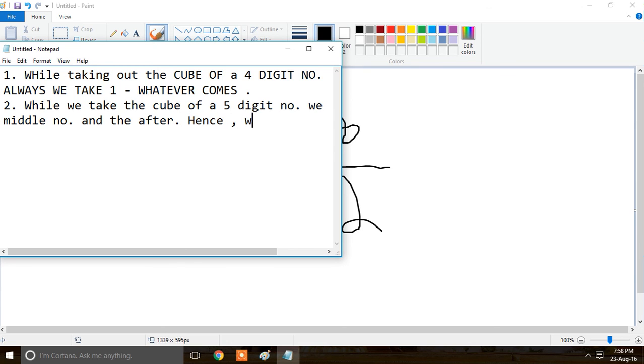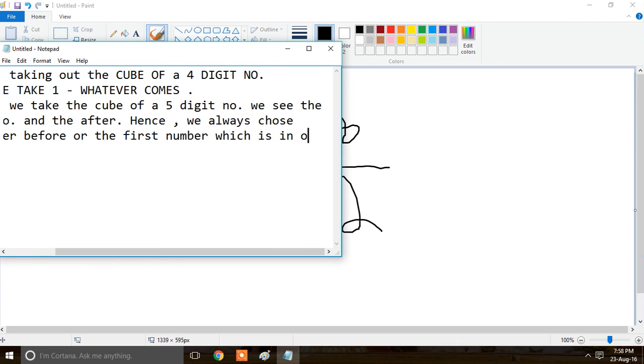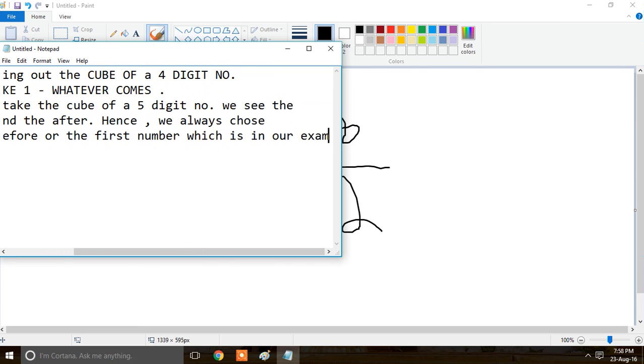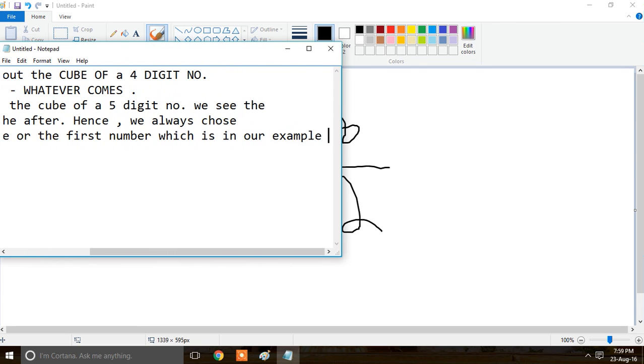Hence, we always choose the number before, or the first number, which in our example is 8.